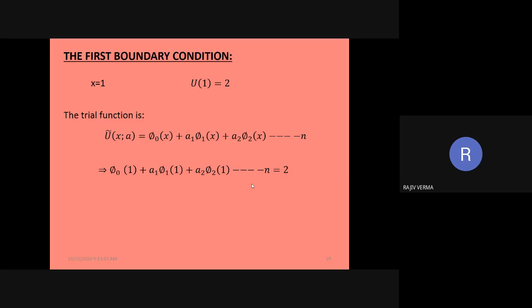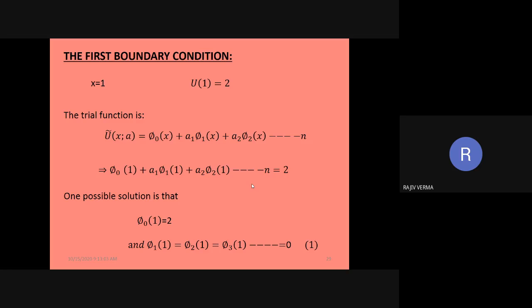So if we are supposed to satisfy this particular equation on the display, then one of the possible solutions is that phi naught at 1 is equal to 2, and the rest of the functions given by phi 1, phi 2, phi 3, etc., all of them evaluated at x is equal to 1, can be 0.